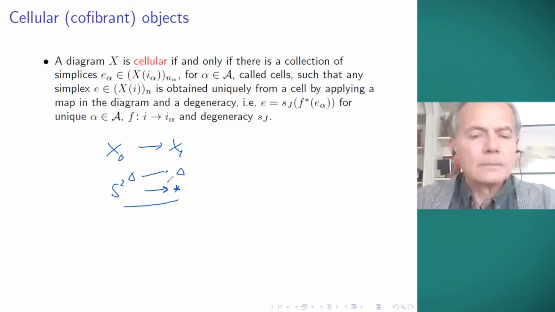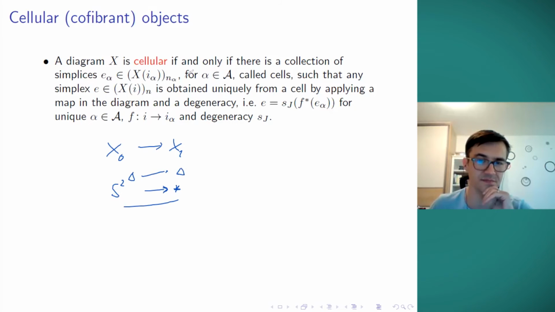It's sort of injective. Injective is not the right word, but as this cellular statement says, cellular is basically cofibrant in this setting. I have a collection of generating simplices, so for every simplex, I can get it uniquely from a cell somewhere in the diagram as an image of these maps.